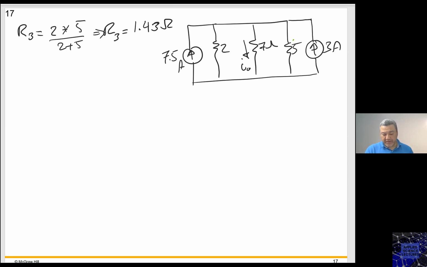As you can see here, they are going to result into a current source. So I have here IS equals to 7.5 plus 3.